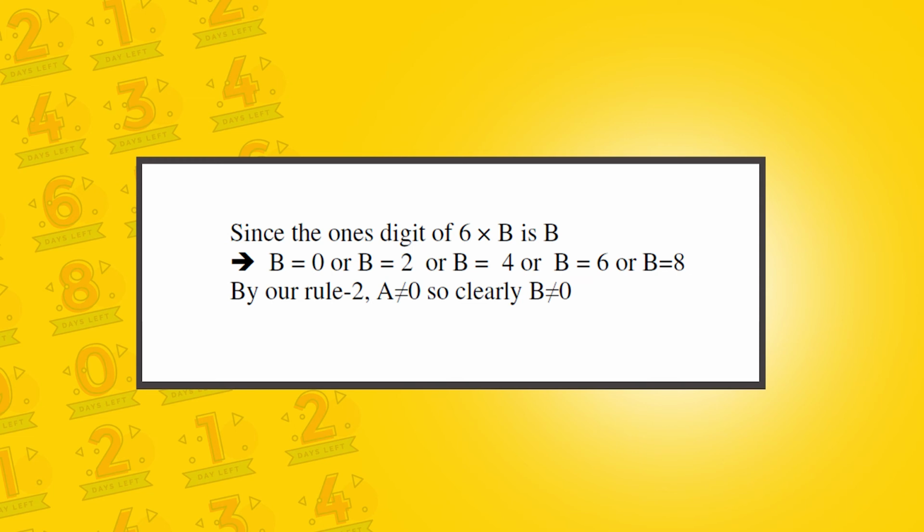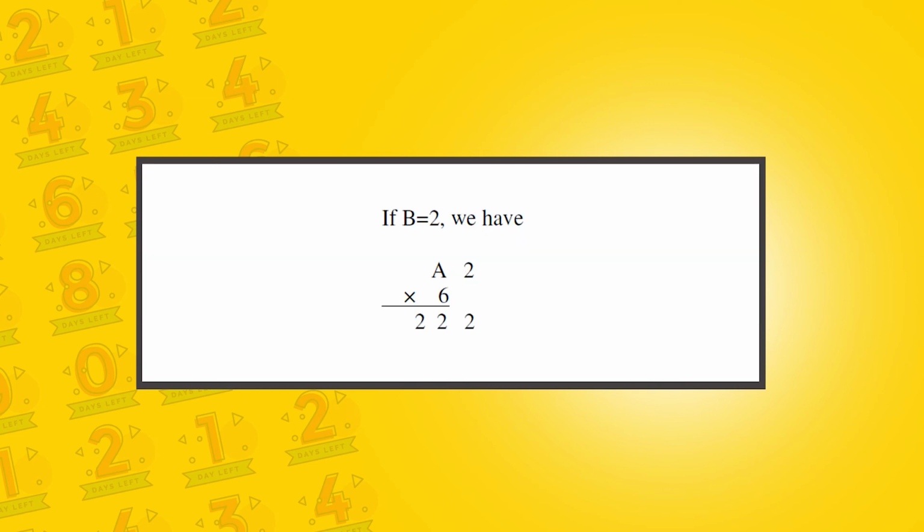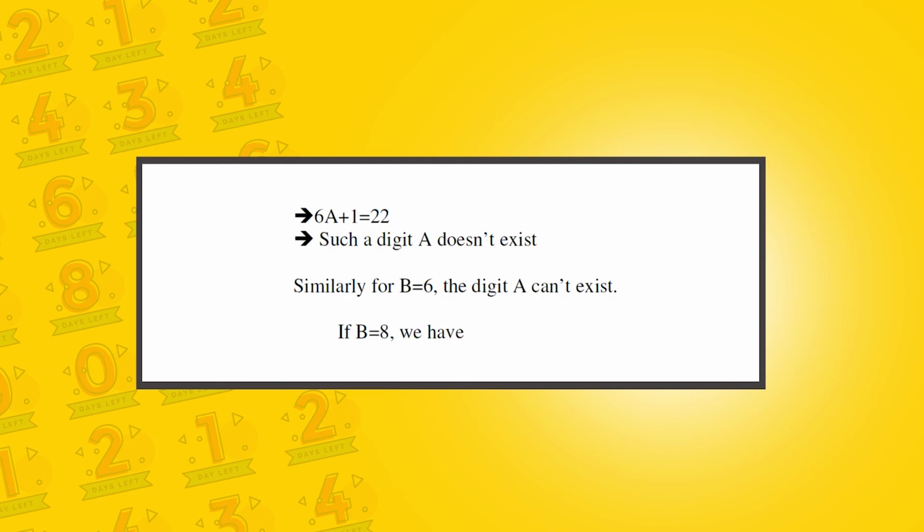So, if B is equal to 2, we have A2 multiplied by 6 gives rise to 222. Then 6A plus 1 is equal to 22, where such a digit A does not exist. And similarly, for B equal to 6, the digit A can't exist.